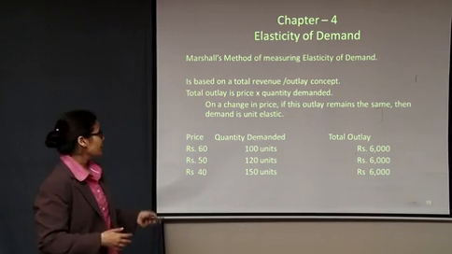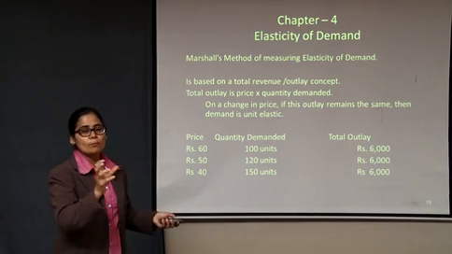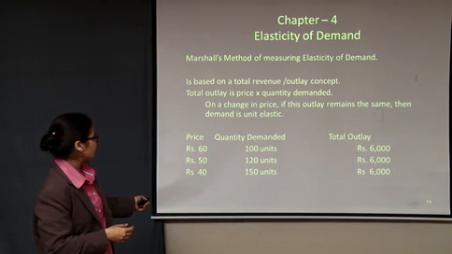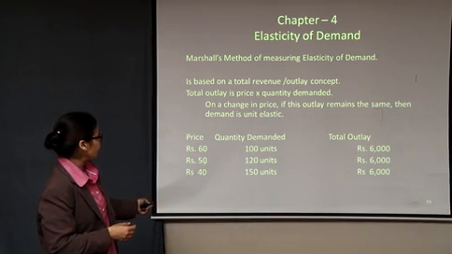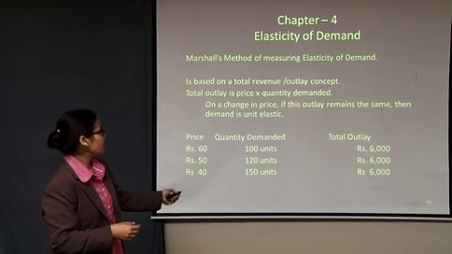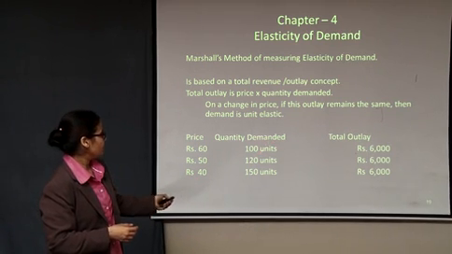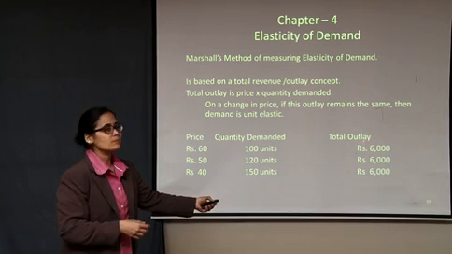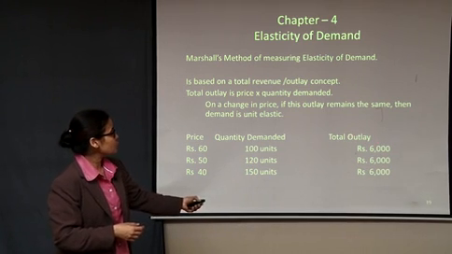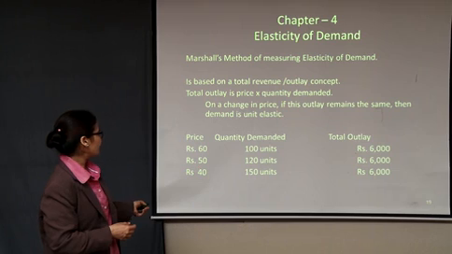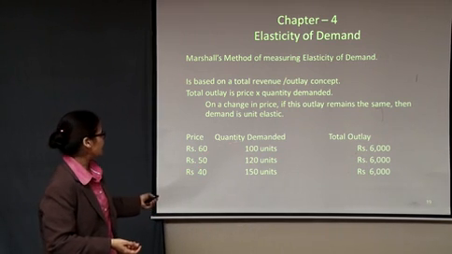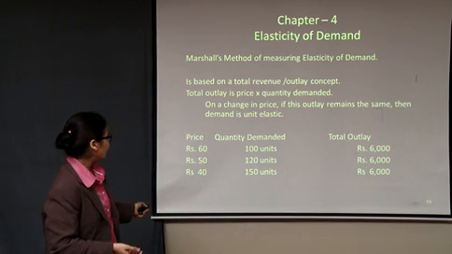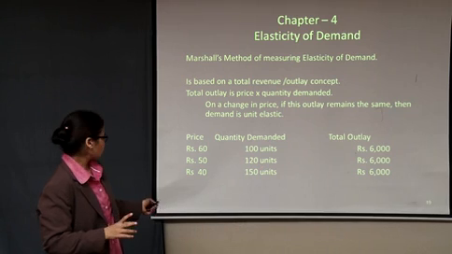Now to understand that, Marshall has made use of some numerical values. Let us understand it. You will see here price is given as 60, 50, 40. Quantity demanded is given as 100, 120, 150. And then the last column is total outlay. How do you get this total outlay? P into Q. So 60 multiplied by 100 is 6,000. 50 multiplied by 120, and so on.